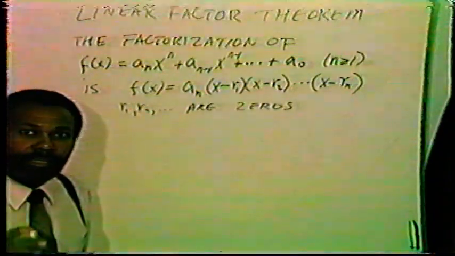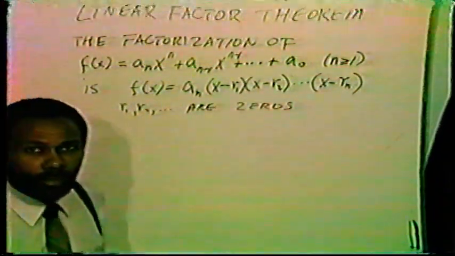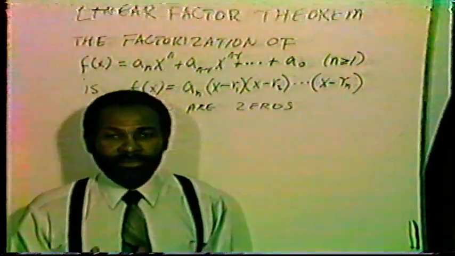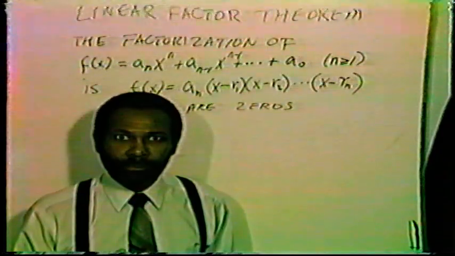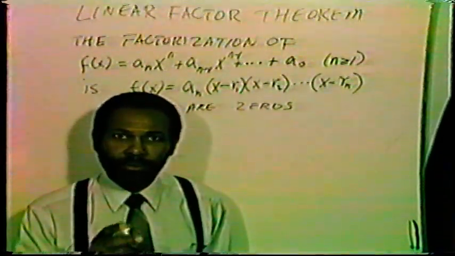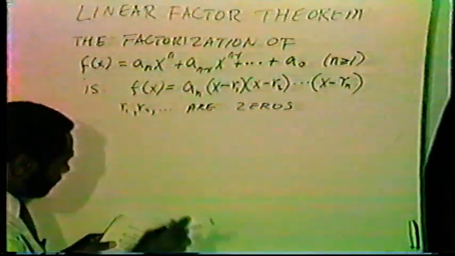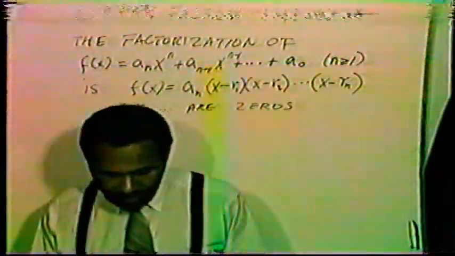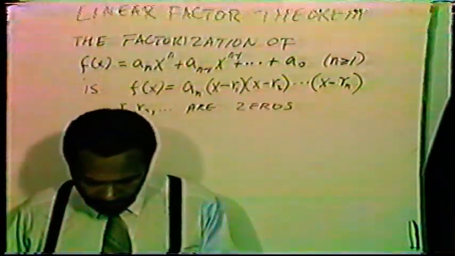So this means that once you get a number that will make the polynomial 0, you just subtract that number from x, and that will give you a factor in the linear factor theorem.